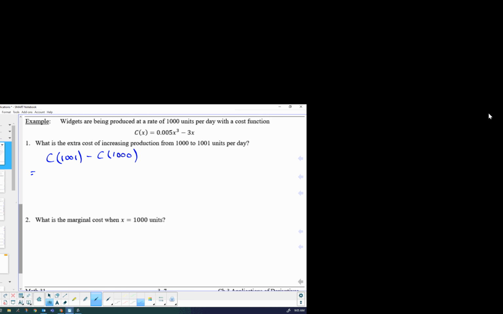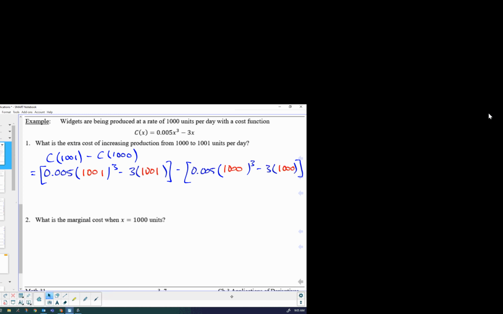Which means we're going to do 0.005 x cubed minus 3x minus... So for this question, we're finding what is the actual change. And then we just evaluate.